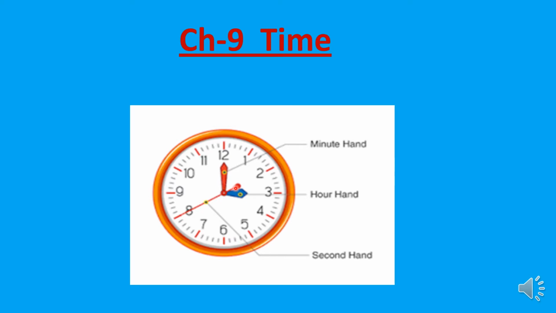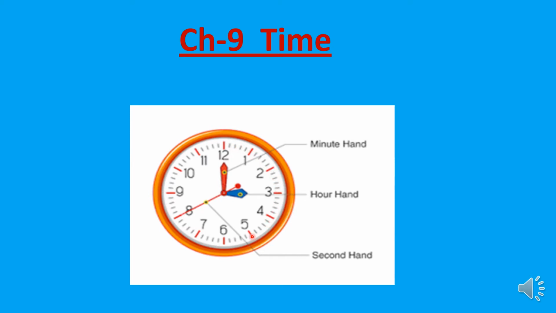Again, there are 12 big divisions marked on the clock. See, this is one division, this is one division, this is one division.